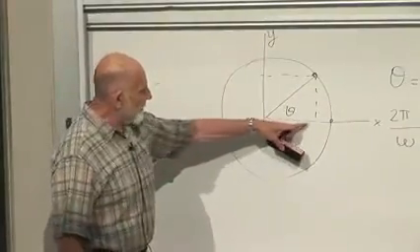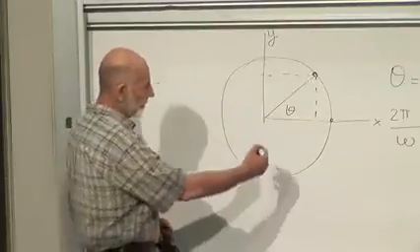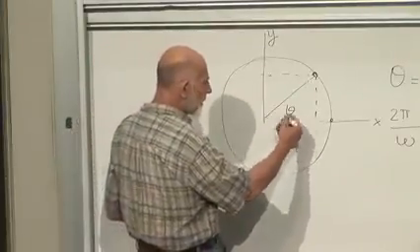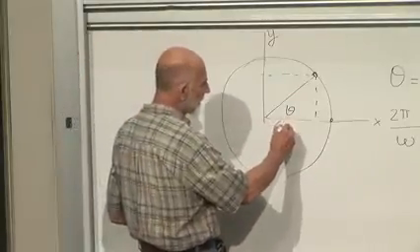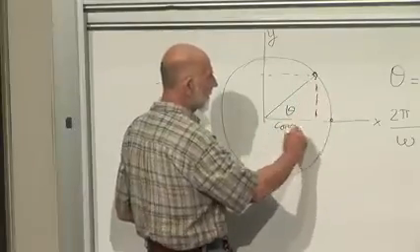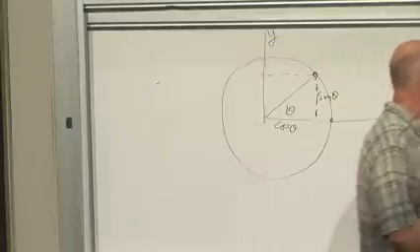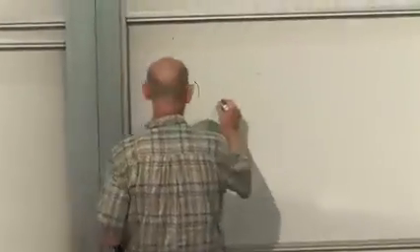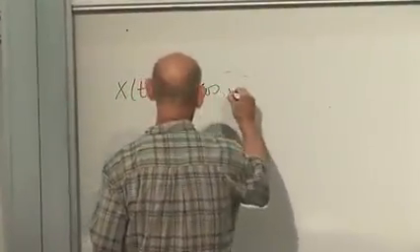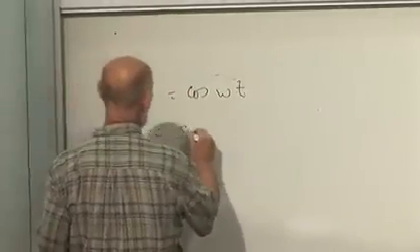Okay, what is the x component of the position? Cosine theta, right? What is the y component? Sine theta. Okay, so now we know the components of position as functions of time. X of t is equal to cosine of omega t. Y of t is equal to sine of omega t.